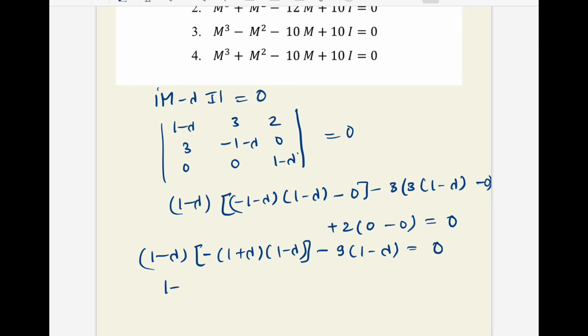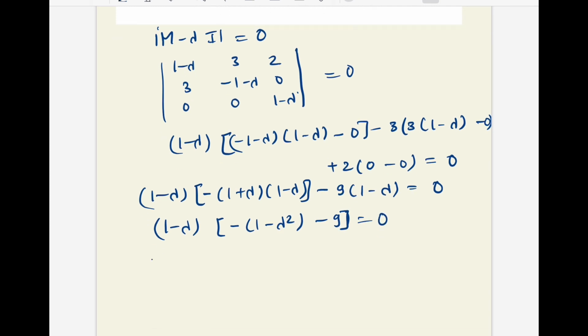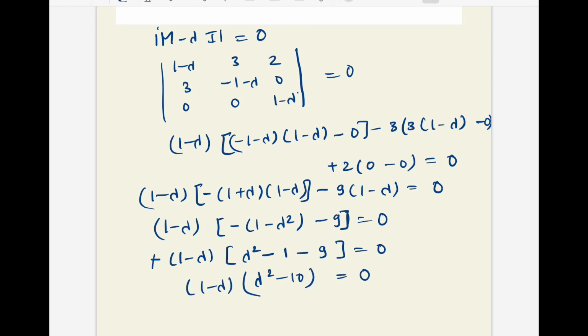So taking 1 minus lambda common, this becomes minus 1 minus lambda square minus 9 equals 0. Put the minus inside, that becomes lambda square minus 1 minus 9 equals 0. Lambda square minus 10, and 1 minus lambda equals 0.